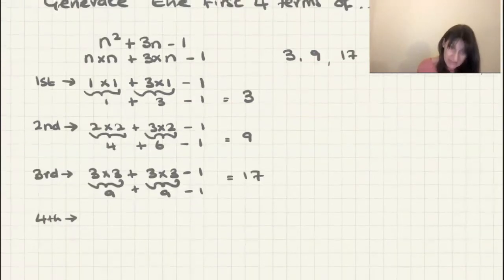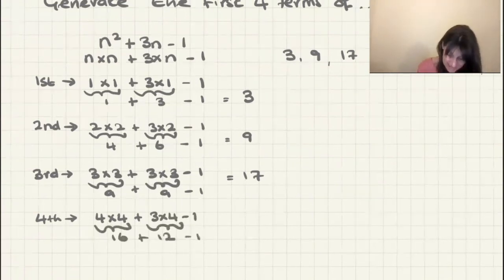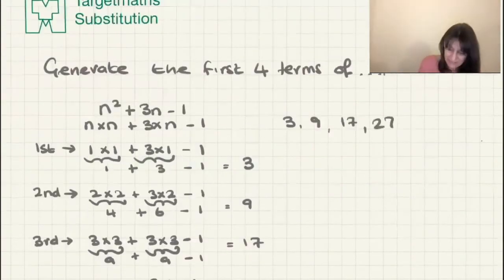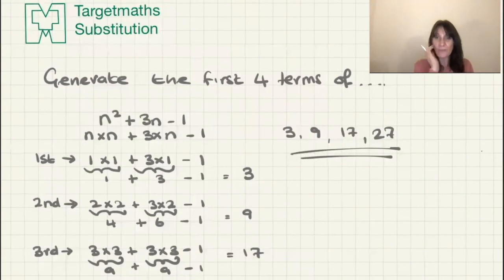Let's get some space here. So I have got 4 times 4 plus 3 times 4, take 1. So that's 16 plus 12, which is 28. Take away 1 is 27. That's the sequence.